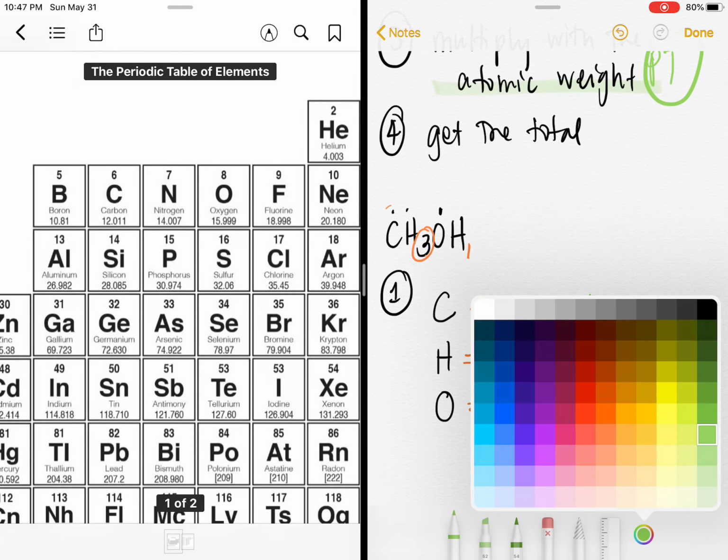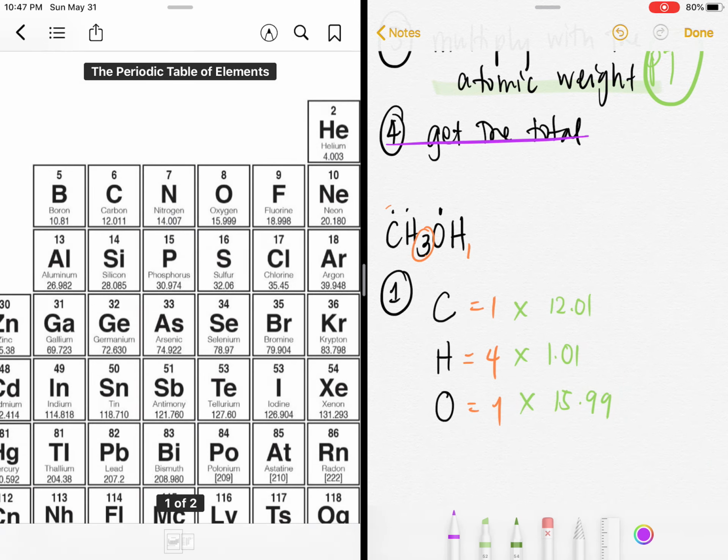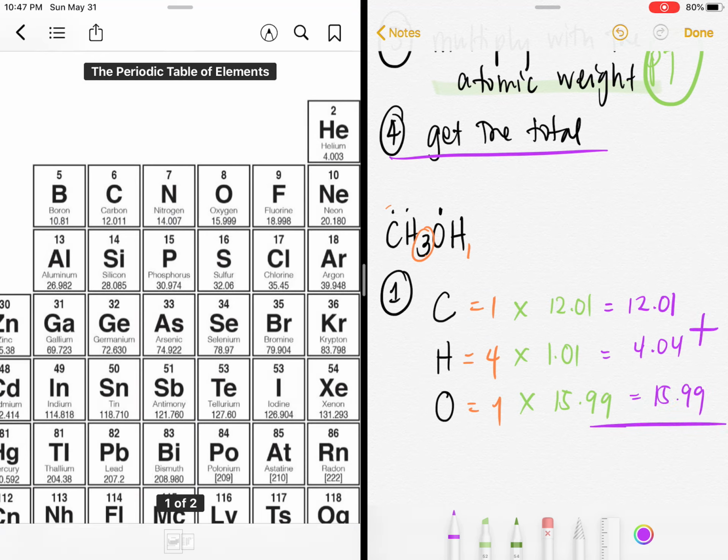Ano yung last step? The last step is to get the total. So, get the total of this. 1 times 12.01, 12.01. 4 times 1.01, 4.04, and 1 times 15.99, that is equal to 15.99. Now, get the sum of the total.